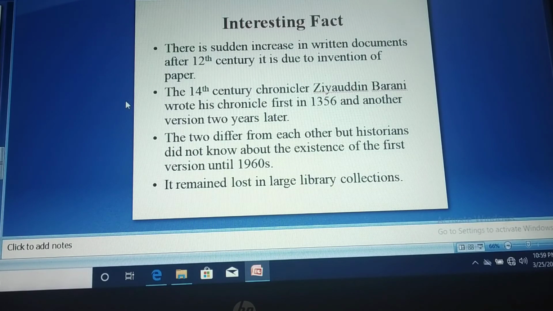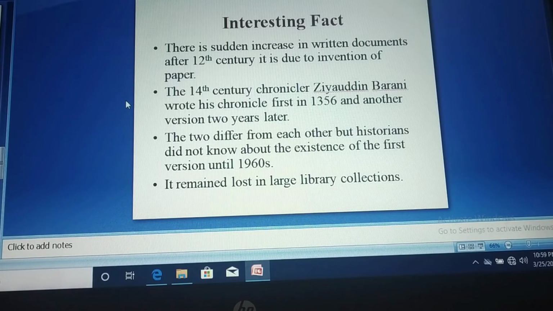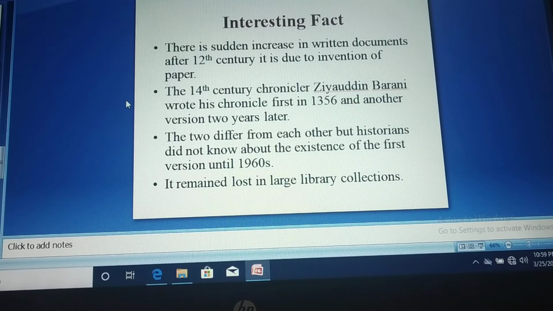Now we'll discuss some interesting facts about manuscripts. Do you see, there is a sudden increase in written documents after the 12th century, and it is due to the invention of paper. So we do get a lot of literary sources after the 12th century, and the reason is obviously the invention of paper.